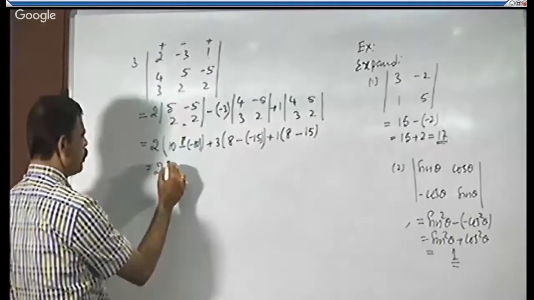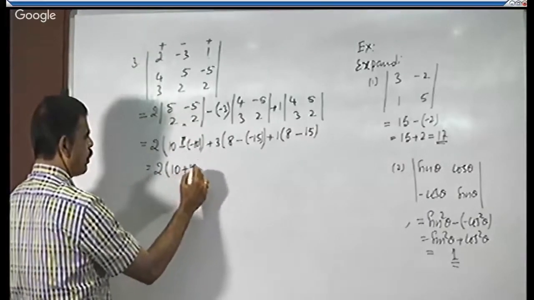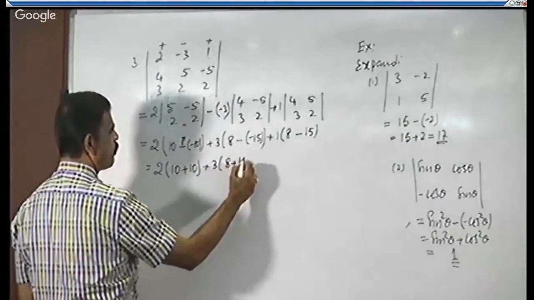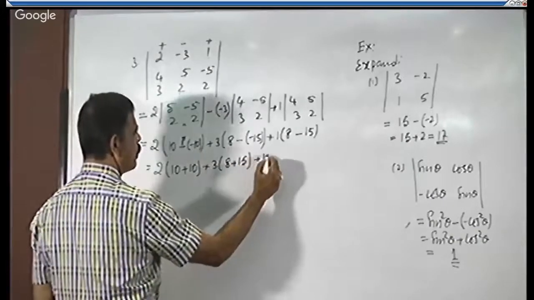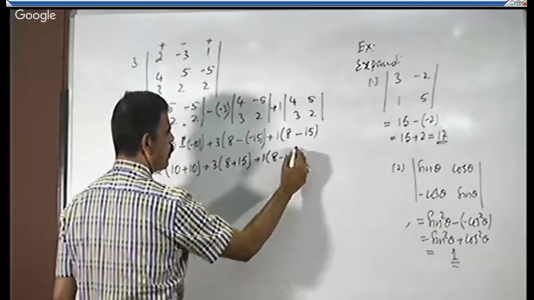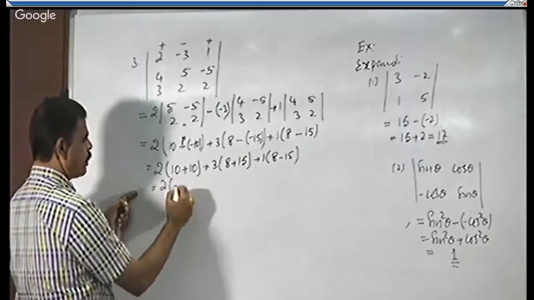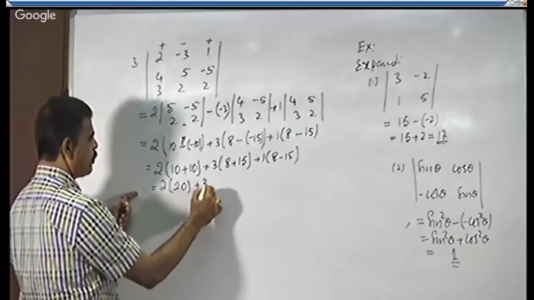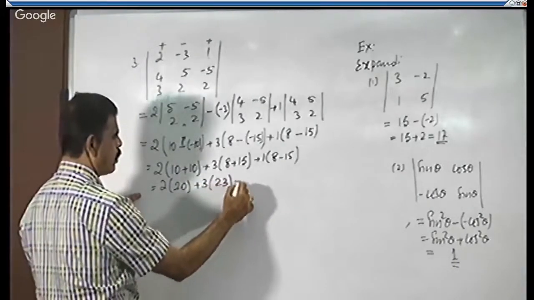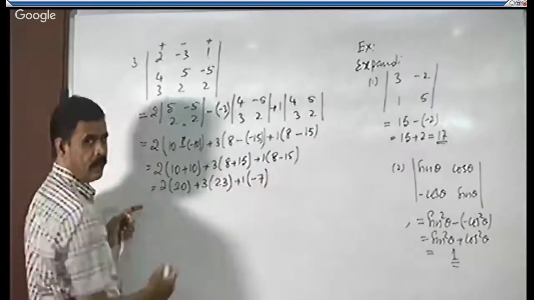Now, this is 2 into minus into minus plus 10, plus 3 into 8 minus into minus plus 15, plus 1 into... you write as it is or take the subtraction. 8 minus 15, I will write it in the next step. 2 into 10 plus 10, it is 20, plus 3 into 10 plus 15, it is 23, plus 1 into 8 minus 15, it is minus 7.